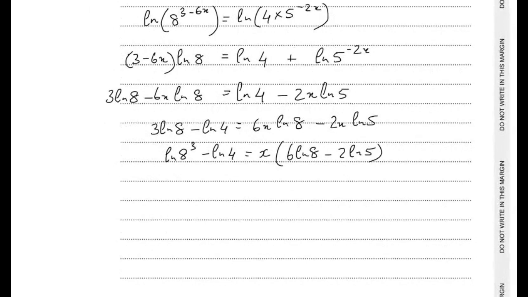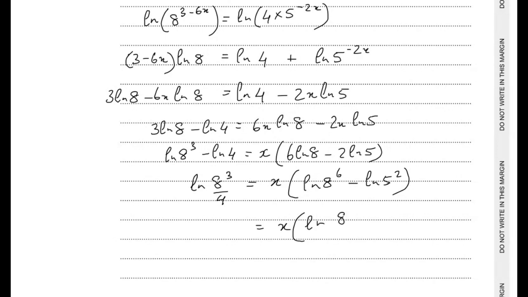We combine this using the division law. So log 8 cubed by 4 is equal to x times. We want to combine these, but 6 has to be taken inside the log, and so does the 2. So log 8 to the power 6 minus log 5 to the power 2. And combining the two subtracted logs, we get log of 8 to the power of 6 by 5 squared in a single log.